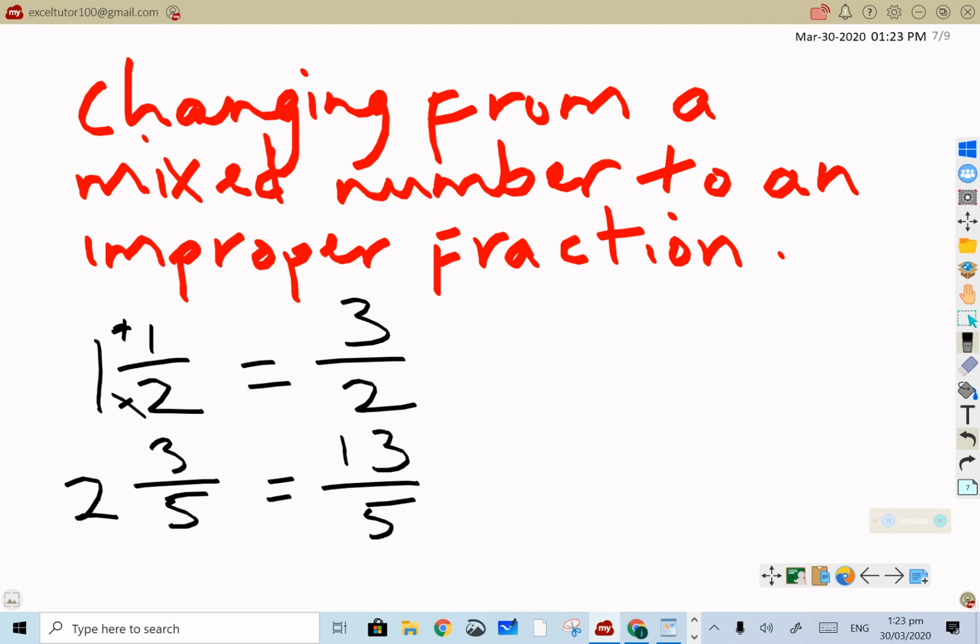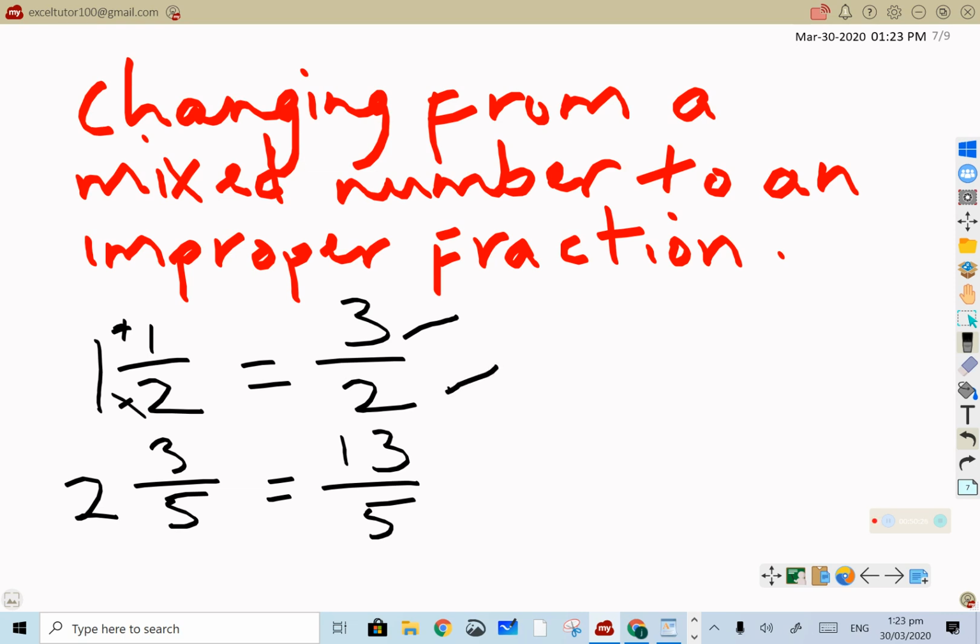Now let us go back to the first question. We have 1 times 2, add 1 will give us 3, right? And we keep the same denominator.